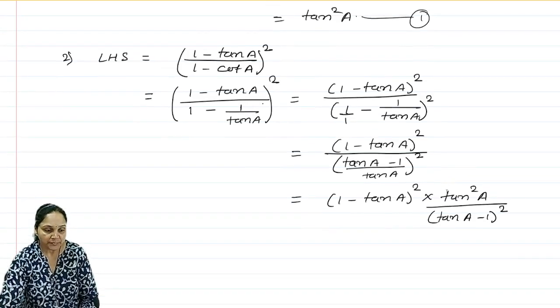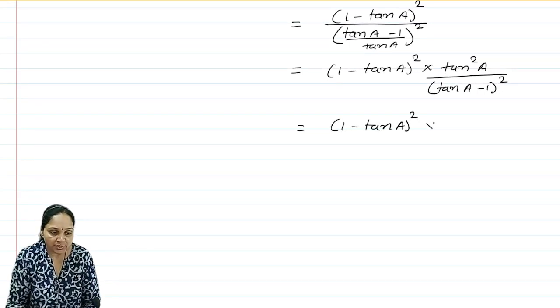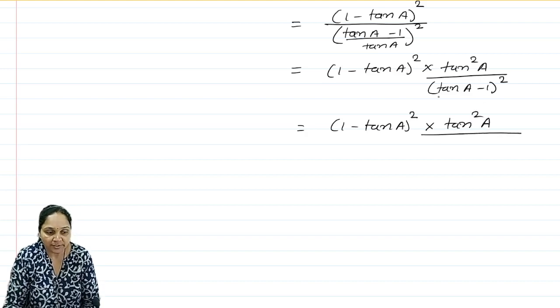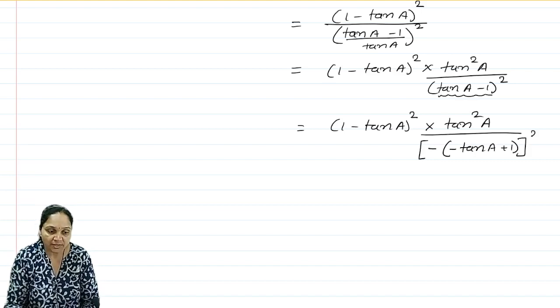Now see here, (1 − tan A)² into tan² A upon, I am taking the minus sign common in this bracket, so minus into bracket (−tan A + 1) and whole square.